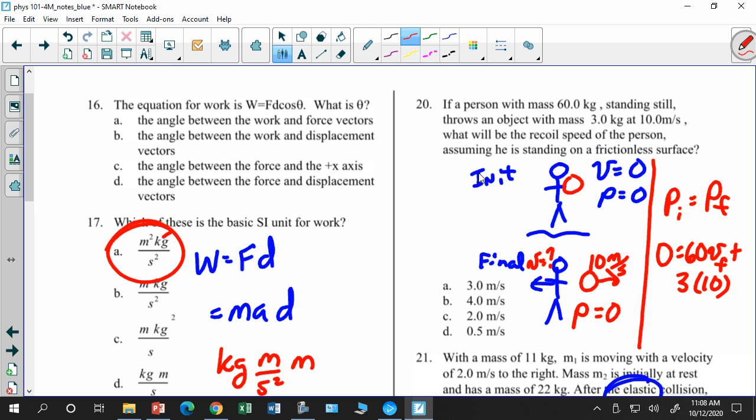All right, so in order for that to be 0, v_f has to equal negative a half. It's actually negative a half, but since it's asking for the speed, then I just look for the magnitude of that. Okay? Make sure you understand the different quantities and what they are.